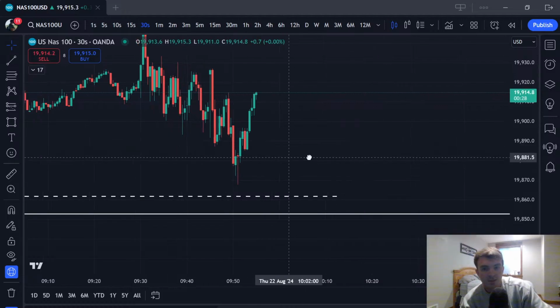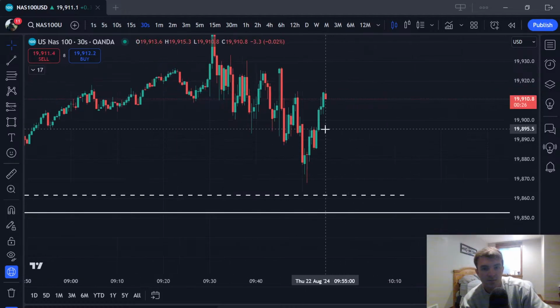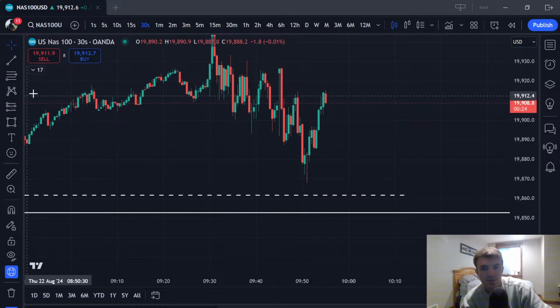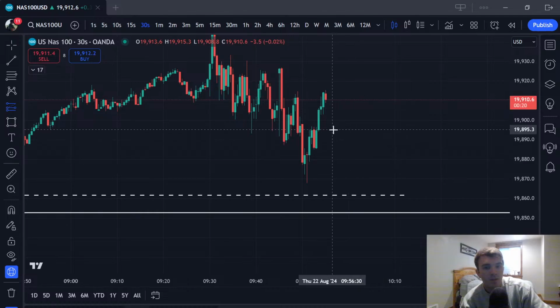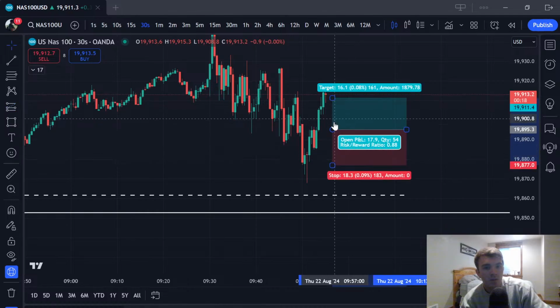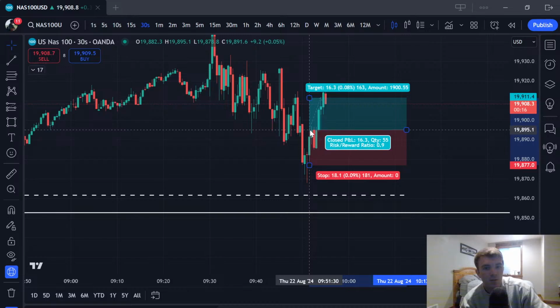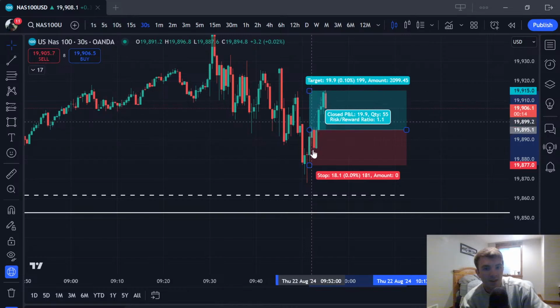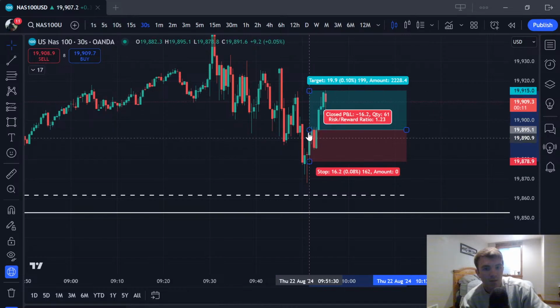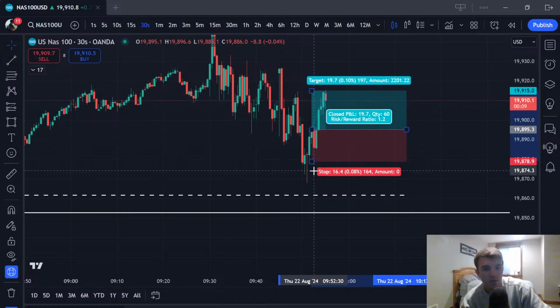and look at this trade. You see this trade? Candle body closed below. So this would have been a nice trade. Target this high. Yeah.